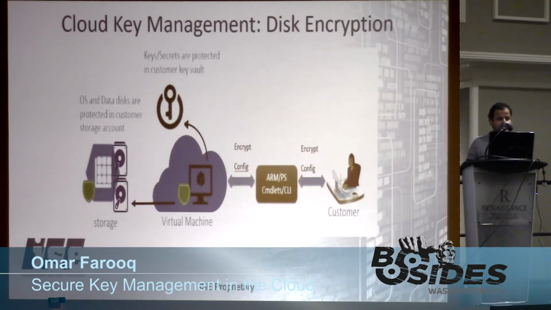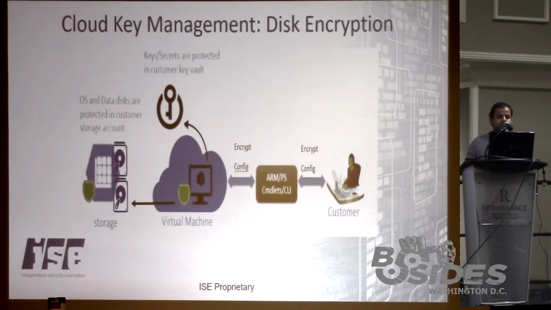If you have BitLocker, or a Linux machine with TrueEncrypt, you can set up your cloud key managers to deliver the key material at boot up using some kind of APIs or built-in functions. This is very popular when you have not EC2, but virtual machines or physical machines that you are renting out in AWS or any kind of cloud provider. And this is a different use case for volume storage.